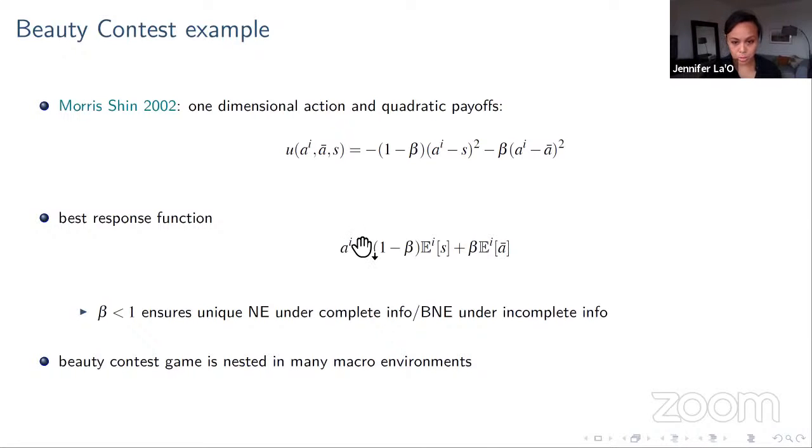If you take the best response in this game, it's just a linear combination of your expectation of the state and your expectation of the aggregate action, which is why this game is so nice. It's very tractable. Beta less than 1 ensures that you have a unique equilibrium, and this beauty contest game is nested in many macro environments, such as price setting, New Keynesian models, as well as some quantity setting models of incomplete information.